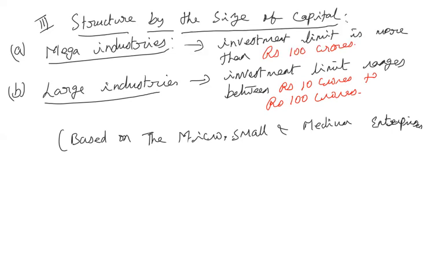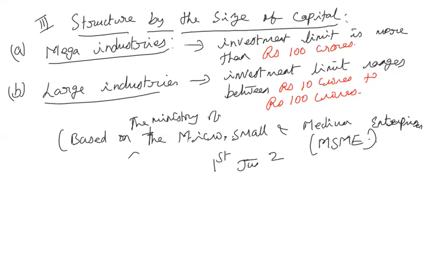So the Ministry of Micro, Medium and Small Enterprises, popularly we call it MSME. Based on the definition given in June 2020, the COVID time, during that period the government announced the capital limit for these micro, medium and small industries.